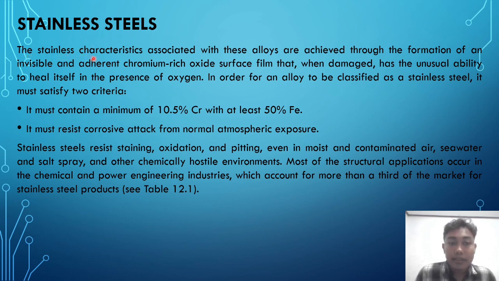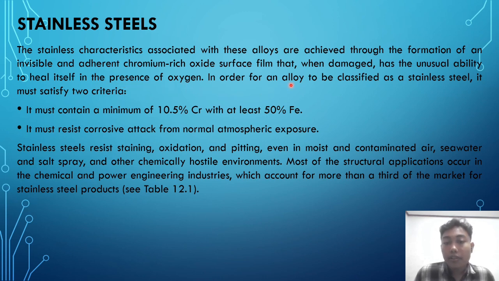The stainless characteristic of these alloys is achieved through the formation of an invisible chromium-rich oxide film. When damaged, it has the unusual ability to heal itself in the presence of oxygen.